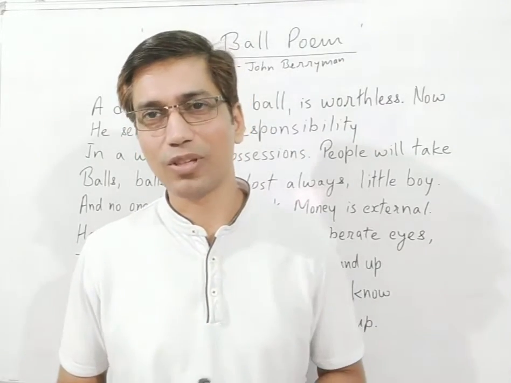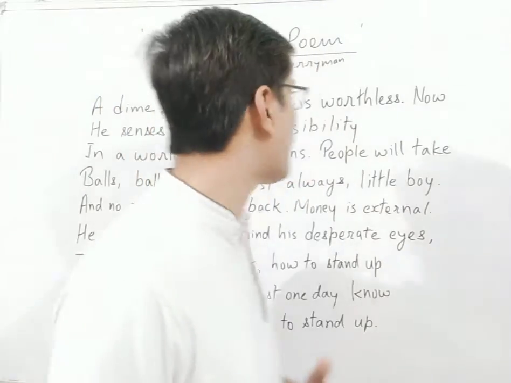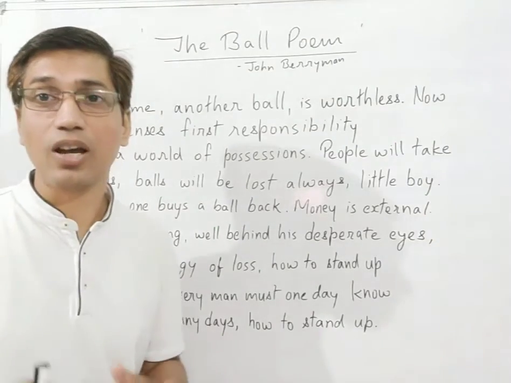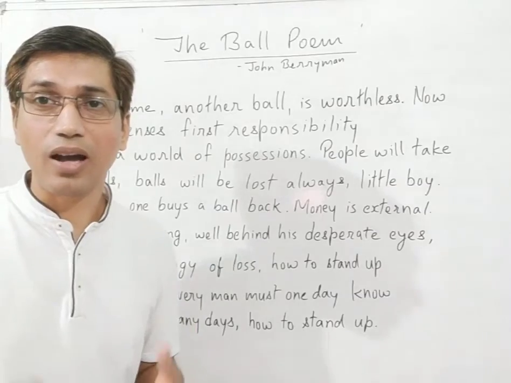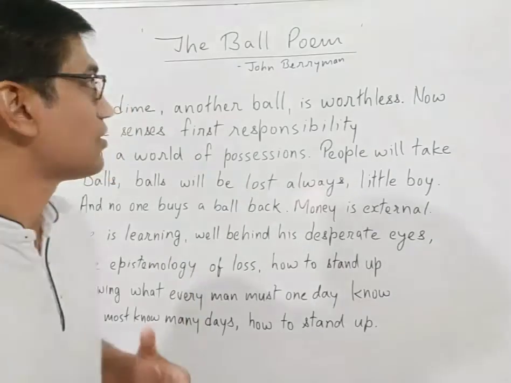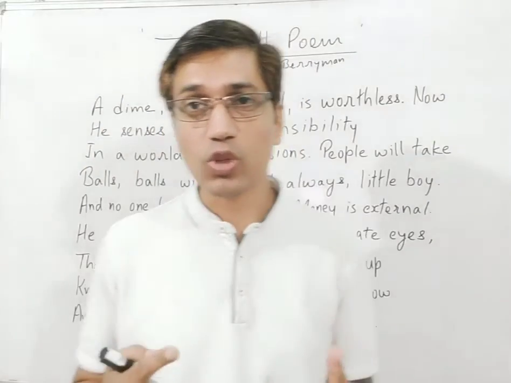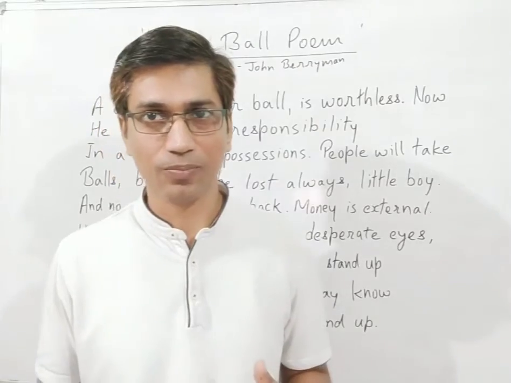A dime, it means just 10 cents. So that never matters. It's not about the price for which another ball comes. No matter how much the price is or how small, getting another ball hardly holds any importance. It's worthless because it cannot bring him back the thing which was attached to that ball which has been lost.